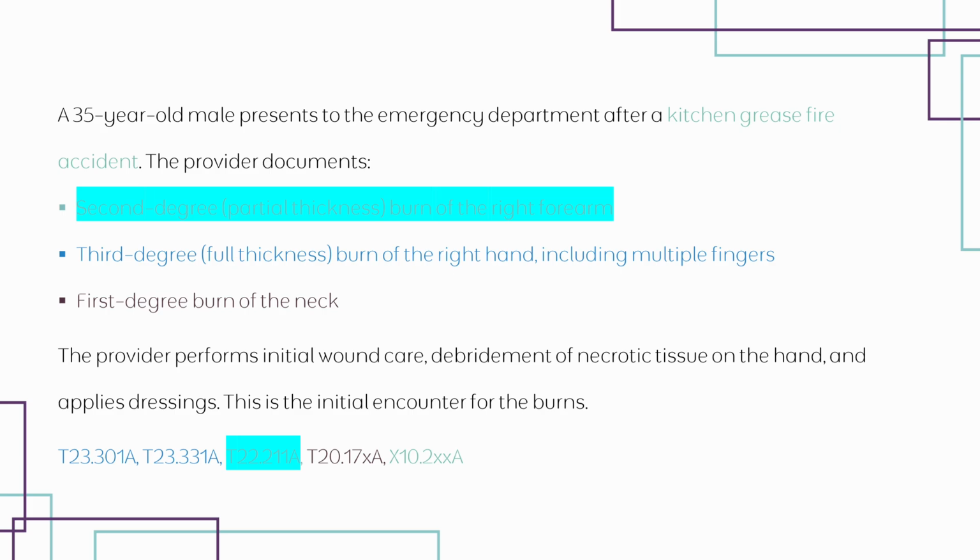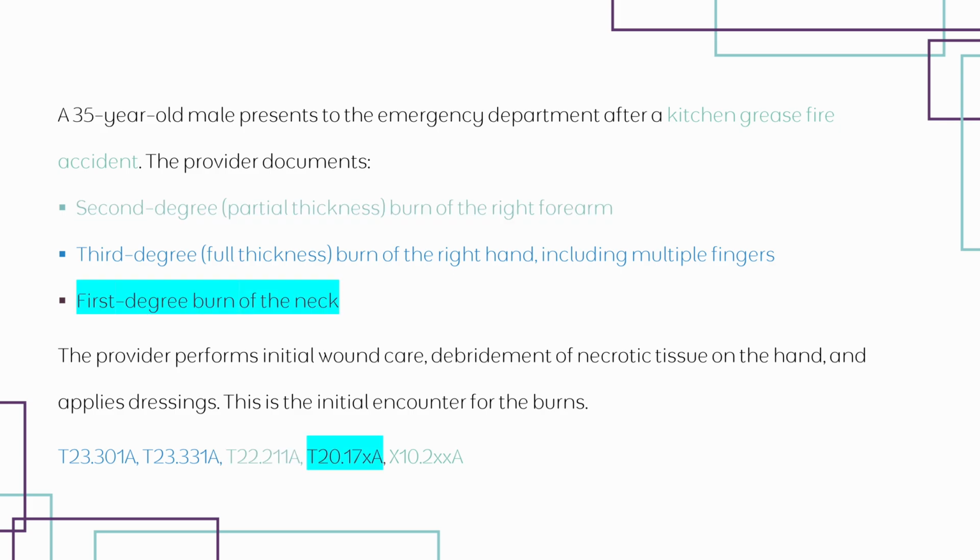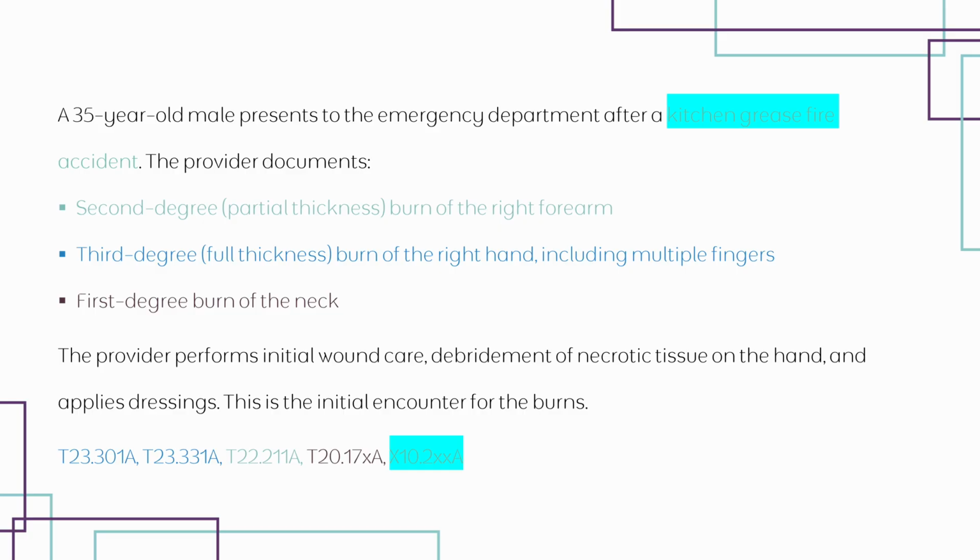T22.211A for the 2nd degree burn of the right forearm. T20.17XA for the 1st degree burn of the neck. And then lastly, X10.2XXA for the contact with hot cooking oil for the kitchen grease fire.